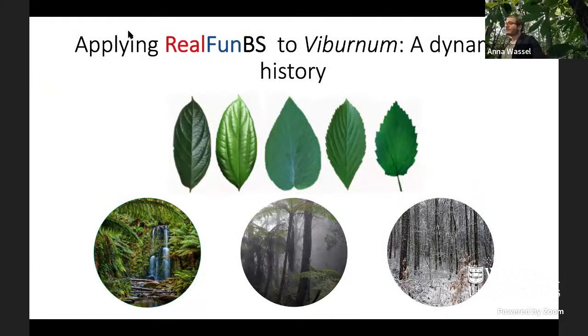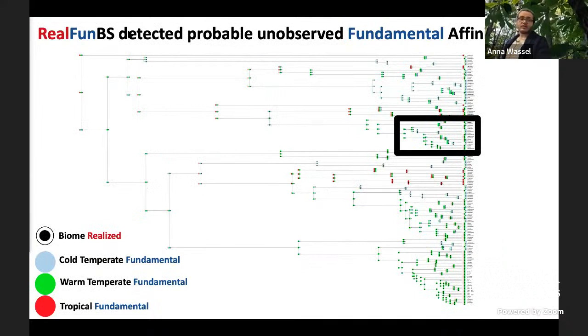Across it, you see distinct changes in leaf morphology that show really adaptive shifts towards these different climates. But there's a lot of shifts over the clade, and so there might be some fundamental affinities worth tracking. Is it really shifting adaptively each time it's shifting between daughter species, or is it potentially just moving between biomes?